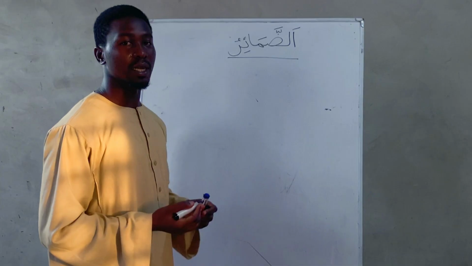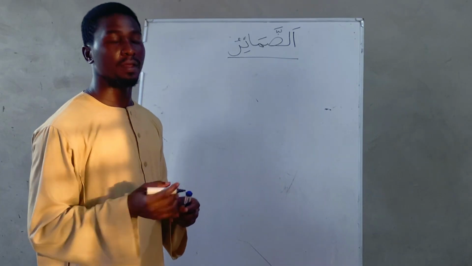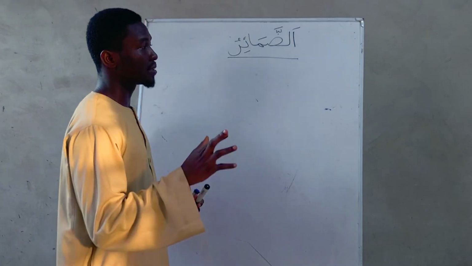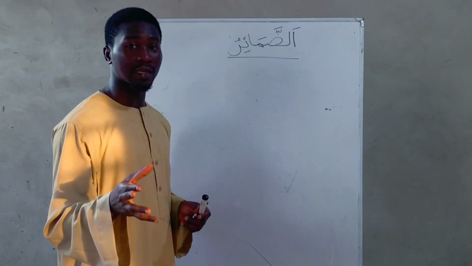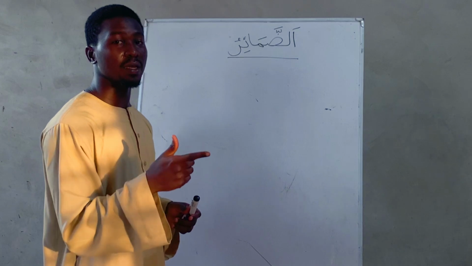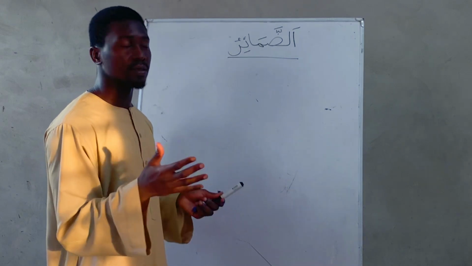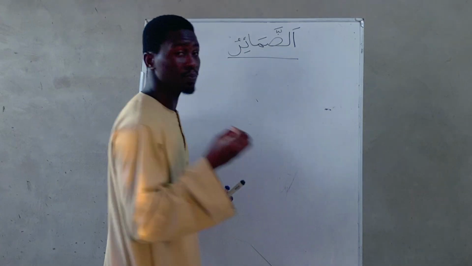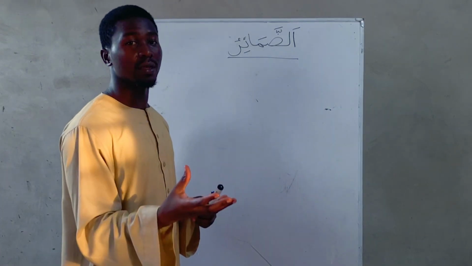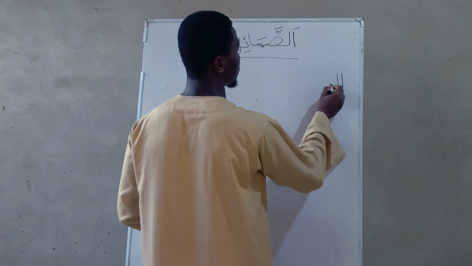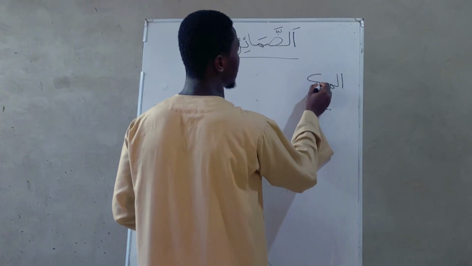Now, we'll start with explaining the three classes of al-damair. Basically, just like in English, we have first person, second person, and third person. First person is the speaker, the one who is talking, and that is called al-mutakallim.